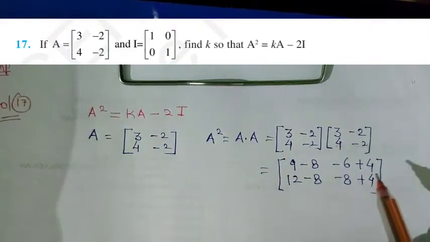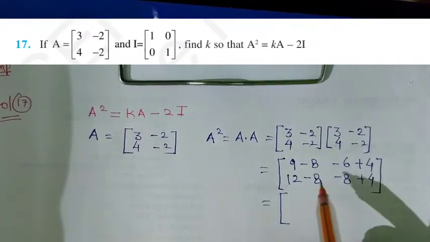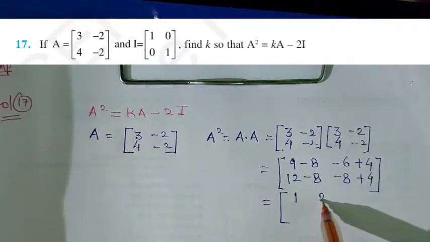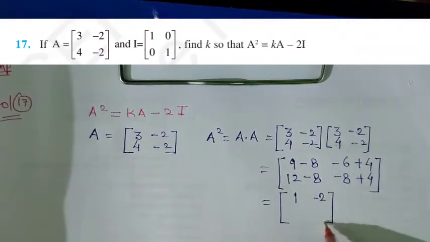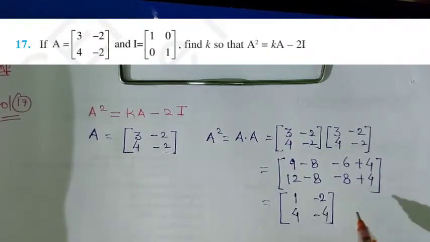plus 4. So finally after multiplying we have got the required matrix: 1, minus 2, 4 and minus 4.